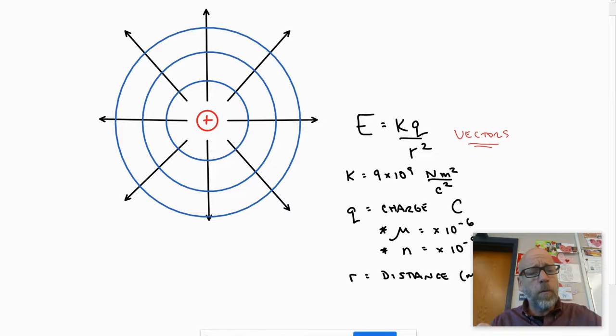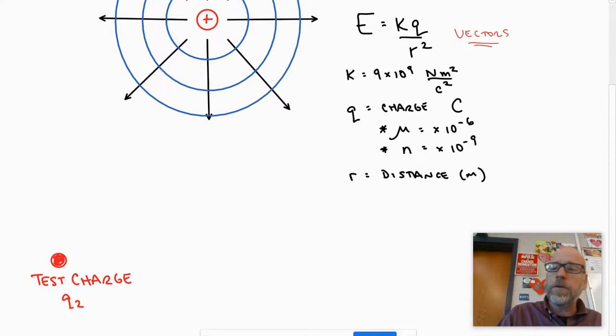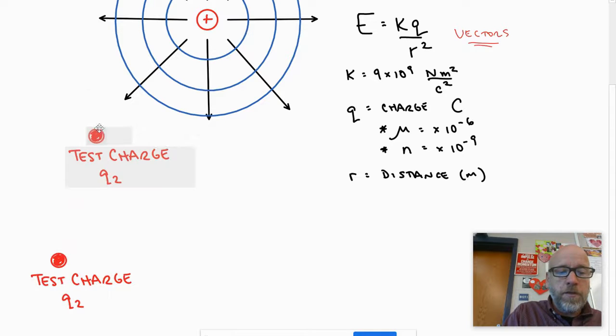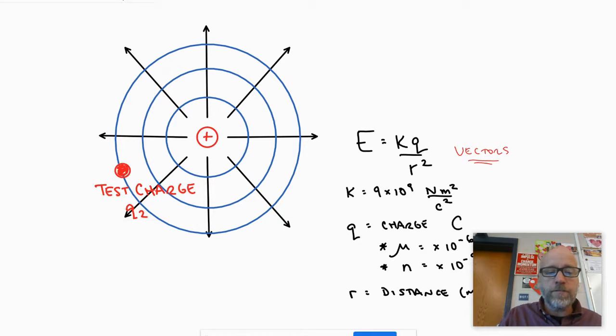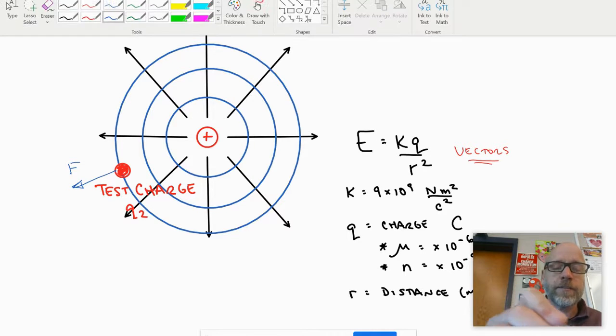So remember, what we're really looking at here is that if we were to take a test charge and bring it close to this other charge that's creating a field, if this was a positive test charge, it would experience a force away. If I moved it closer, it would experience a greater force because the electric field would be greater. Right now you're thinking, yeah, Mr. Edgar, I get it. Let's move on.